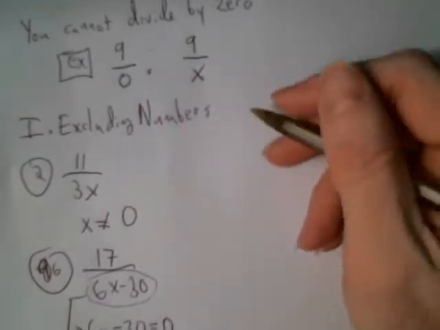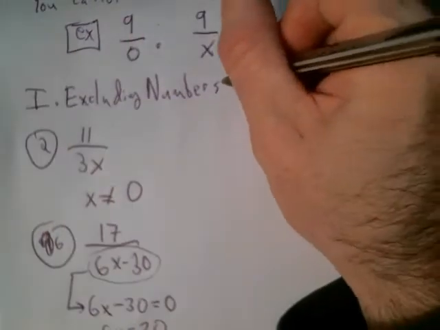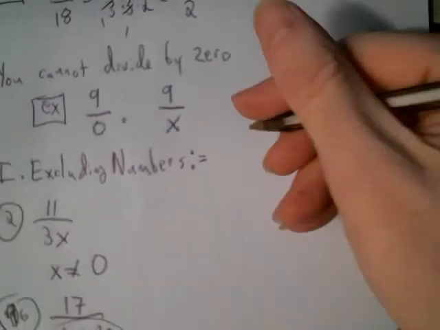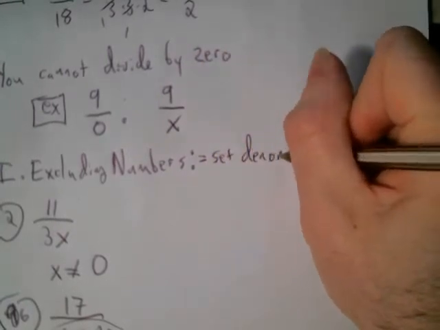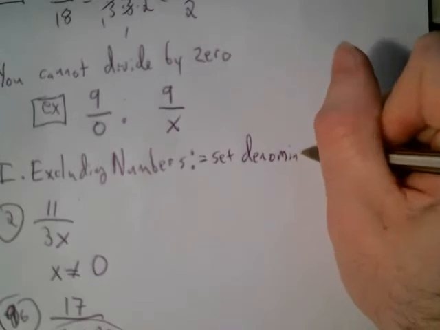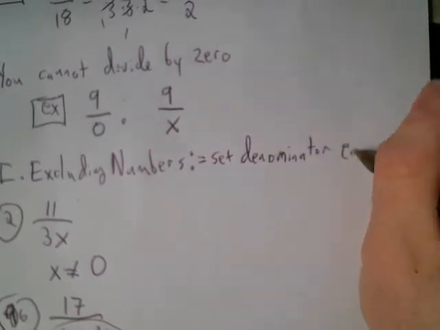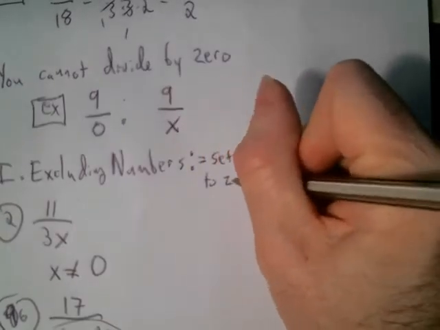We just set the denominator equal to 0 and solved. Okay, so that's going to be kind of our program for determining these excluded numbers. Set denominator, so we don't even look at the numerator really. It's denominator equal to 0, and then solve.